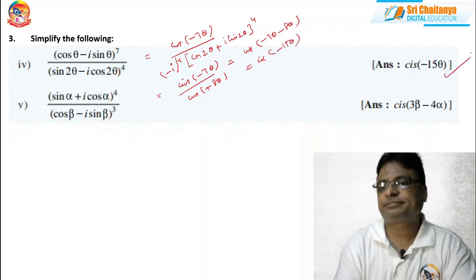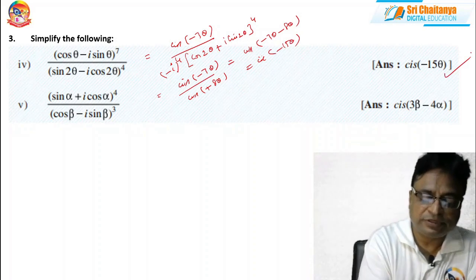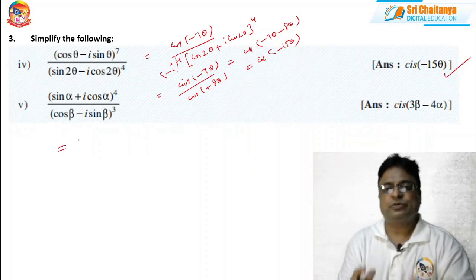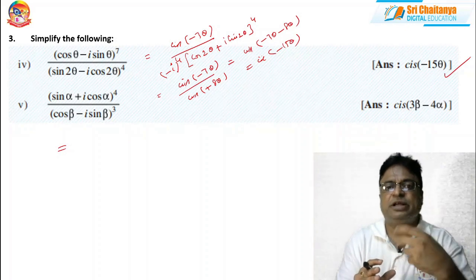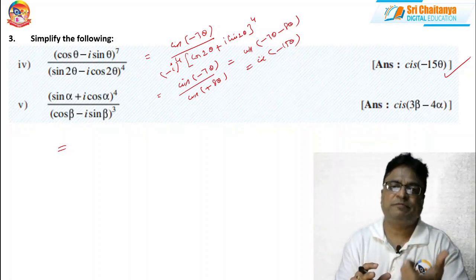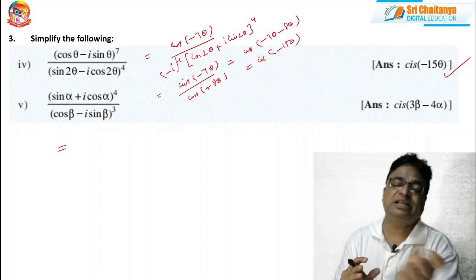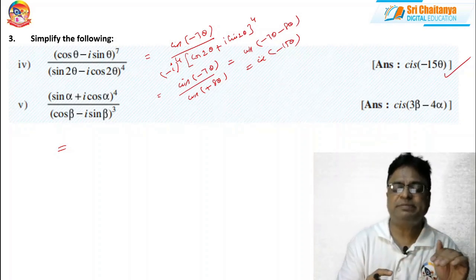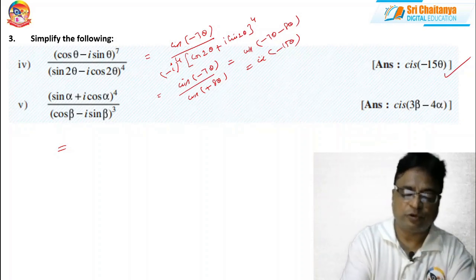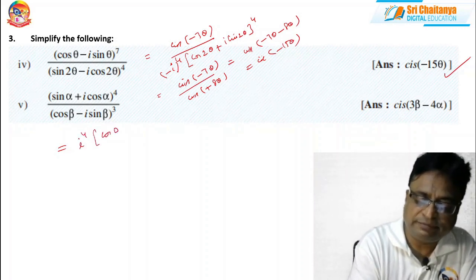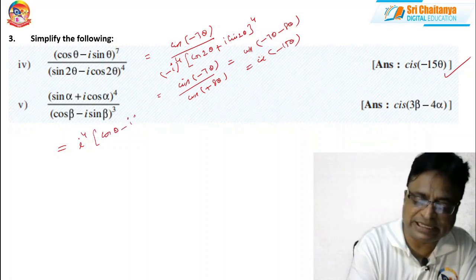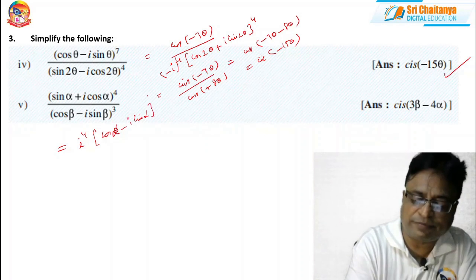Got it. Now coming to the next one. Here also, in the fifth problem, looking at the question itself, the numerator is not in the general polar form. The first term is sin alpha, next i cos alpha, but as per our concept, cos should come first. So I am taking i as common: i power 4 into cos alpha plus i sin alpha whole power 4.